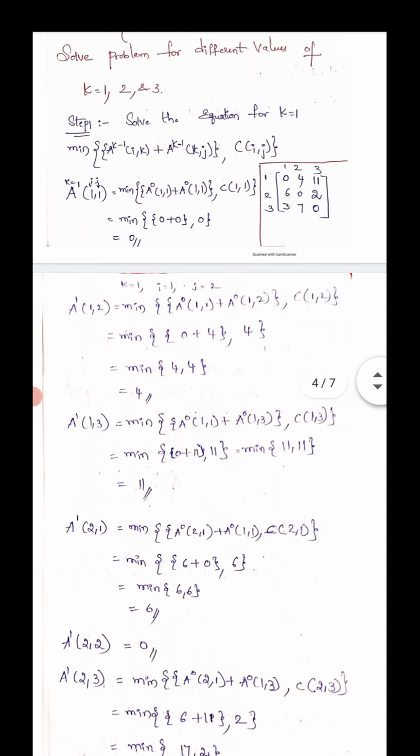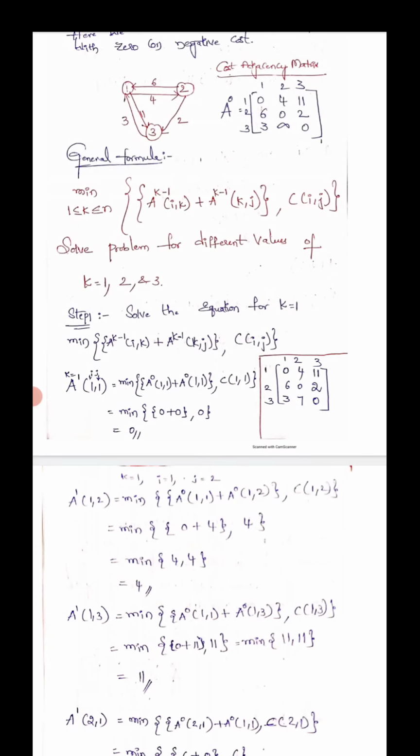Now if we look at the cost adjacency matrix, there minimum of A power 0 1 comma 1, 0, plus A power 0 1 comma 2, in the sense 1 to 2 value how much? 4 comma c of 1 comma 2. The cost of adjacency matrix of 1 to 2 direction, how much? Look at this diagram, my above graph. 1 to 2, how much is the direction cost? 4. Okay, 4. Minimum of 4 comma 4. Which value is minimum? 4 is the minimum value.